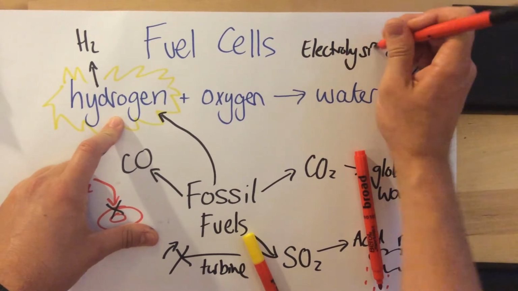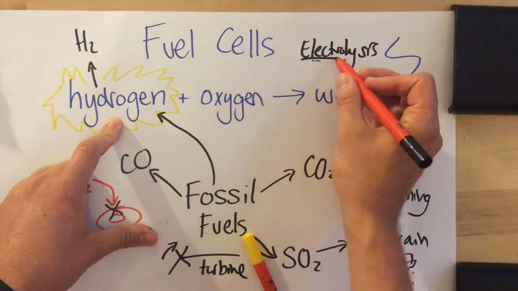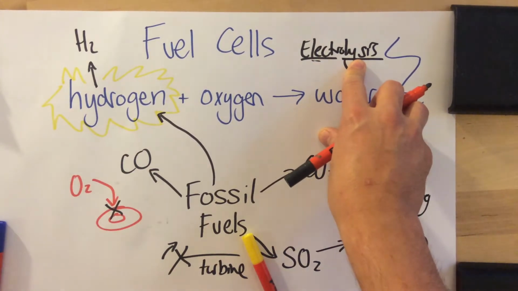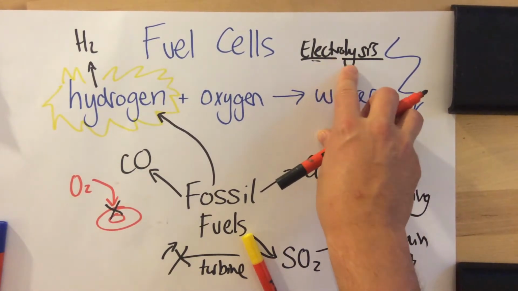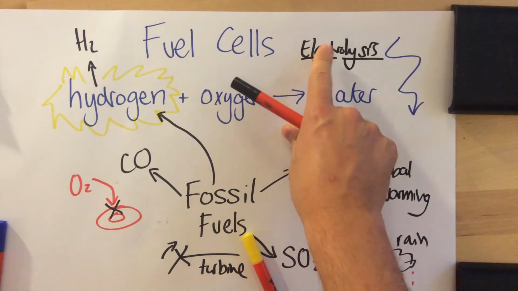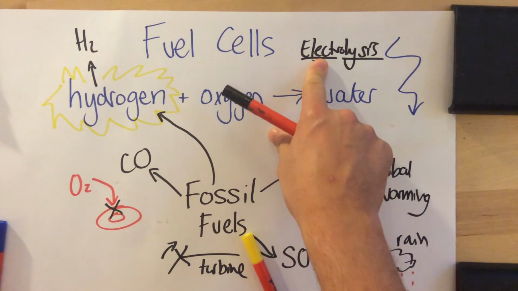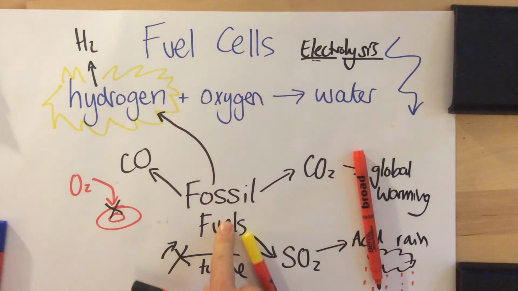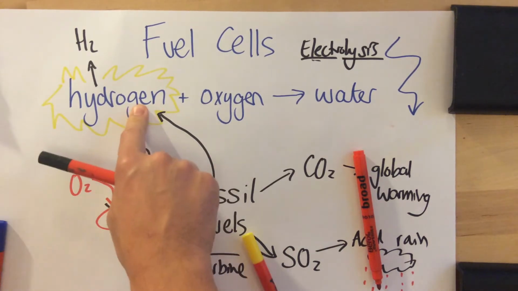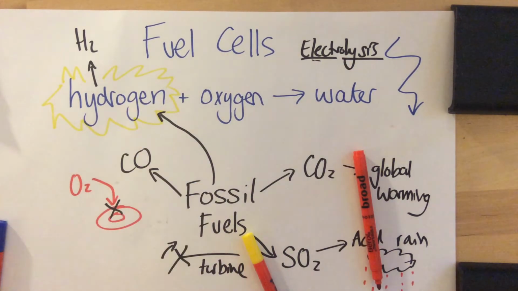Remember, electrolysis means using electricity to separate. By using electrolysis, we actually still need to use a lot of electricity. And most of the way that we currently generate electricity in the UK is from fossil fuels. So we're still using fossil fuels to get hydrogen, either way we look at it.